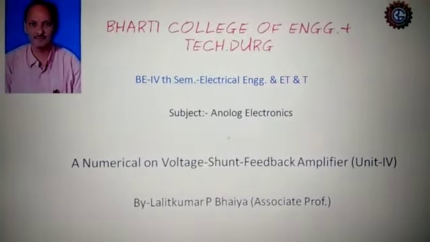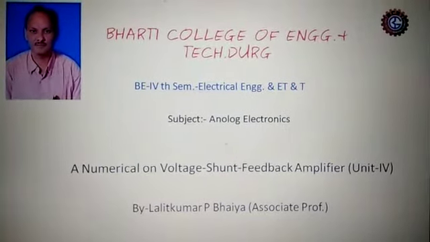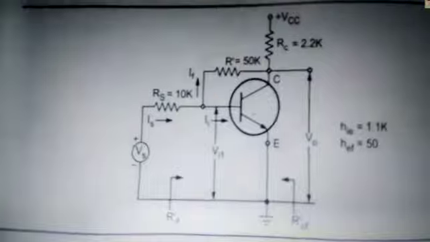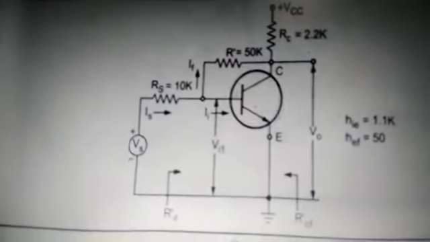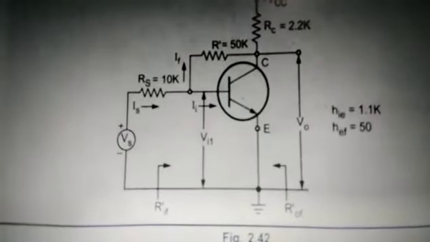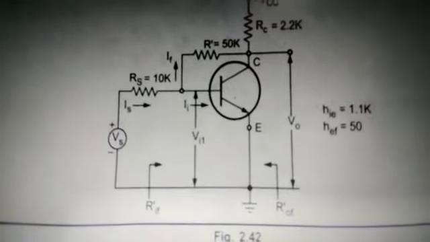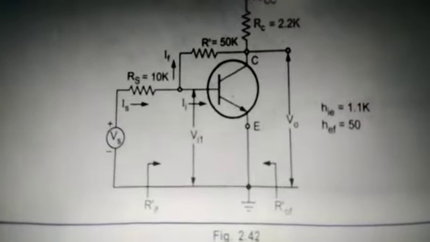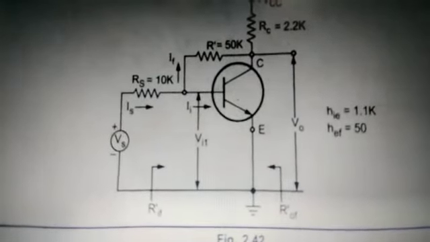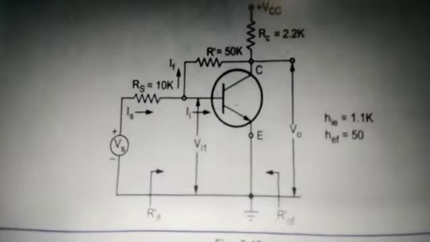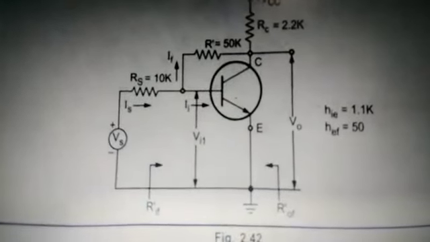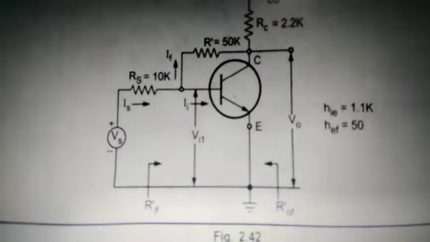Before going to this particular circuit and amplifier, I would like to tell you that in voltage shunt amplifier, the sampling is the voltage while input mixing is the shunt, that is parallel. That's why it is called a voltage shunt feedback. Input side is a shunt mixing and at the output side is a voltage sampling.